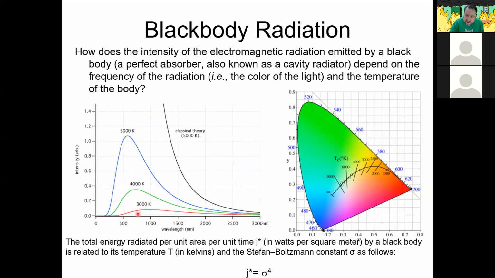And they had plots like this, and the problem was that classical theory, if you are treating light as a wave and not as a discrete packet of energy, at 5,000 Kelvin, your emission should go exponential. This is what's called the ultraviolet crisis in physics: classical theory predicts you're going to get an infinite amount of energy out. And obviously you don't get an infinite amount of energy out. You get a finite amount of energy out, and it comes back down over here.